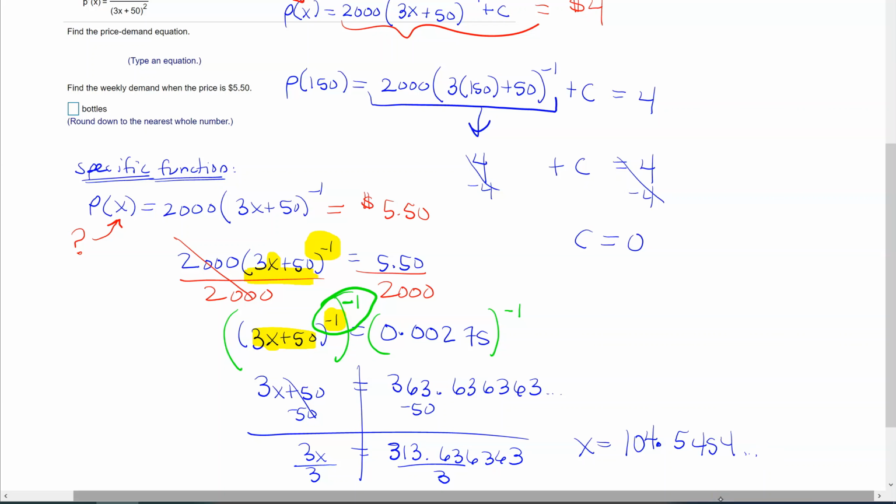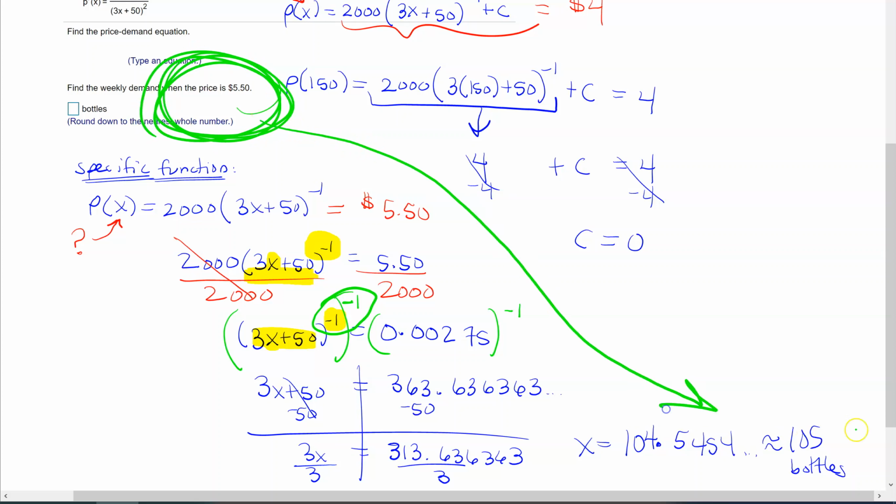And we're being asked to find the number of bottles to the nearest whole number. So I would round that up to approximately 105 bottles. So if the price is set at $5.50, then I can expect to sell or supply 105 bottles at that price point.